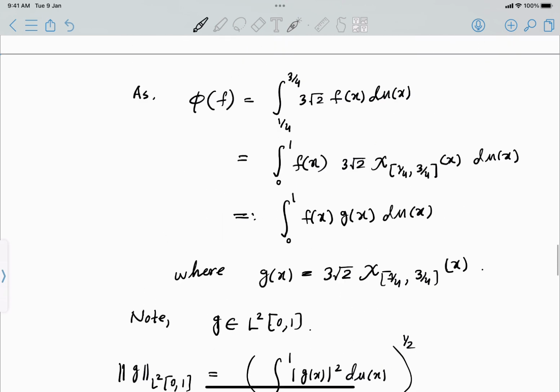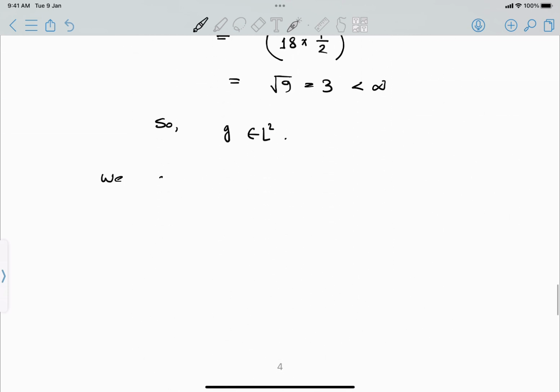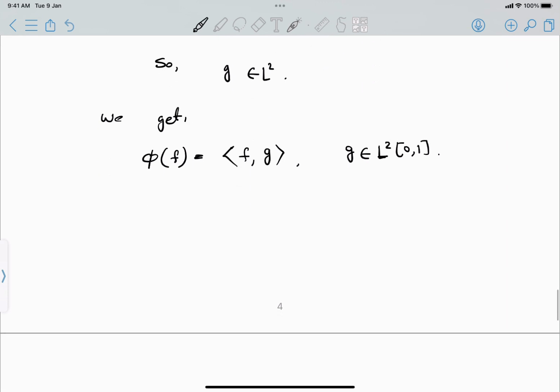Now, by the Riesz representation, we get that phi of f is given by the inner product of f and g, where g is in L2, and the theorem says phi of f should be given by the inner product with a unique g, so this should be the g. So by the Riesz representation theorem, the norm of phi will be the L2 norm of g.